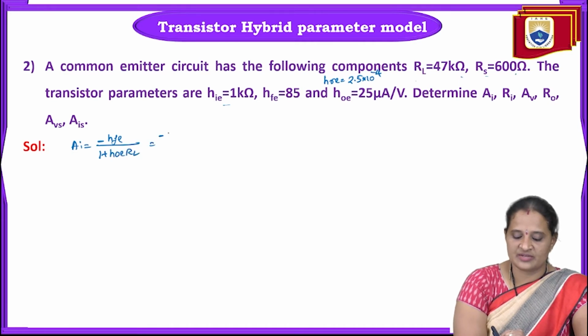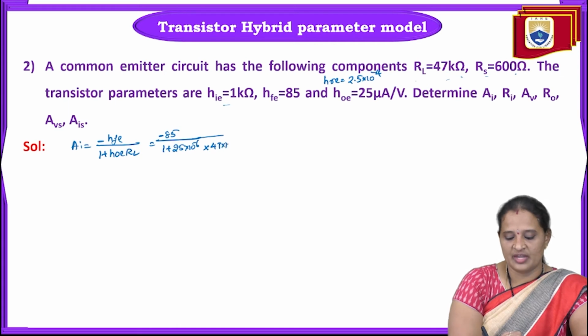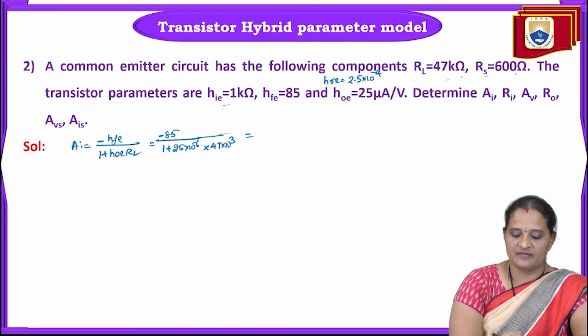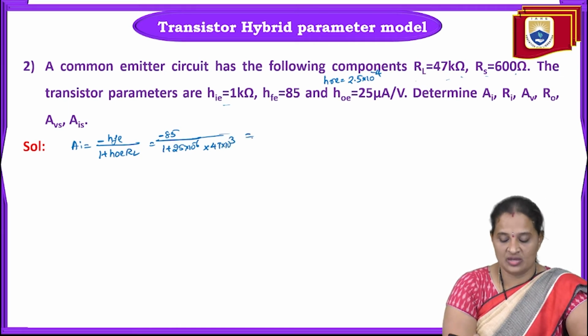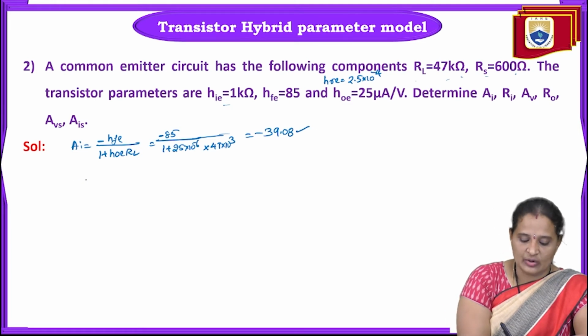So minus 85 divided by 1 plus hoe value is 25 into 10 to the power of minus 6 into RL value. RL value is also 47 into 10 to the power of 3. If you calculate this value, you will get the current gain as minus 39.08.